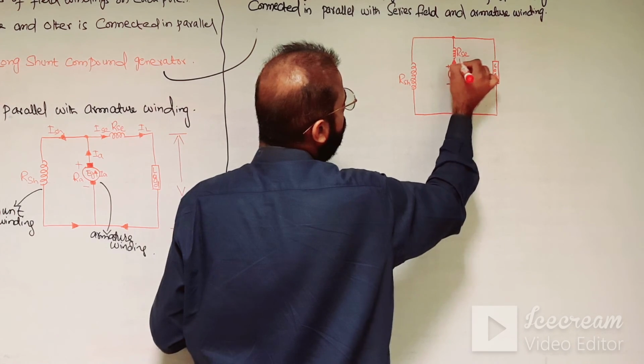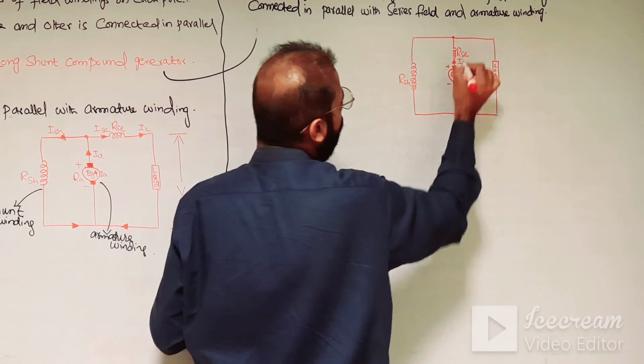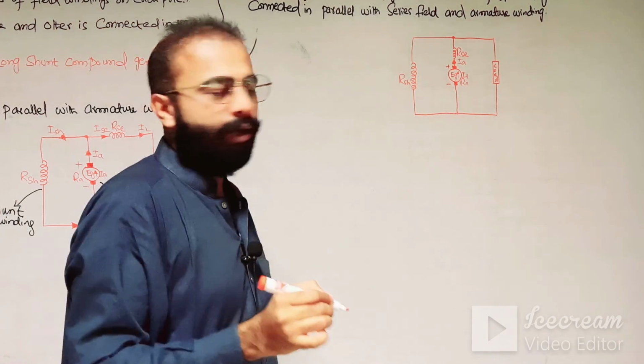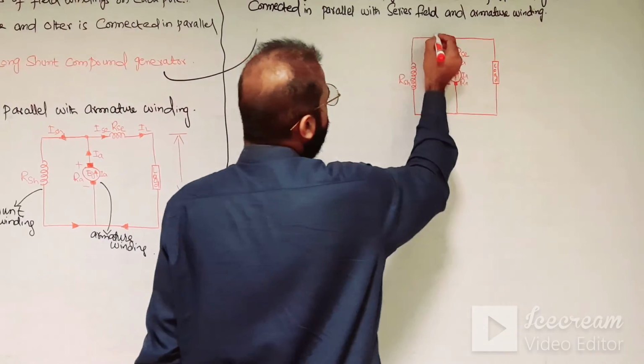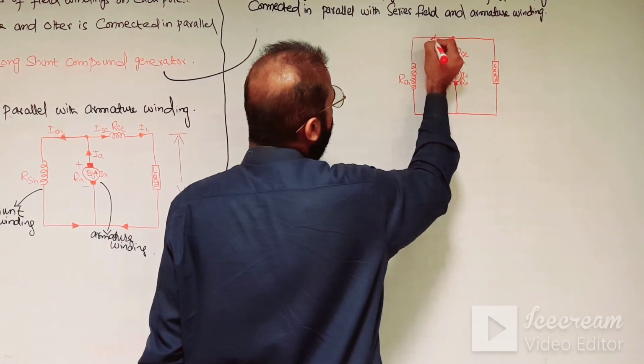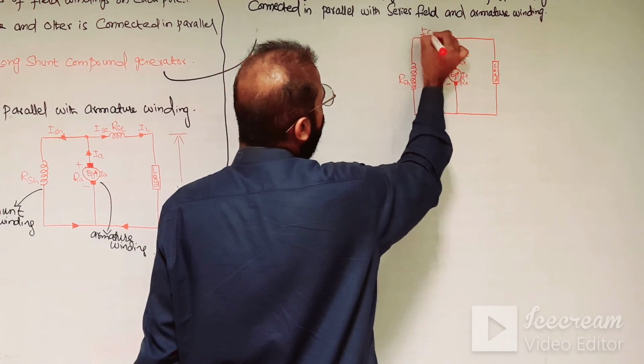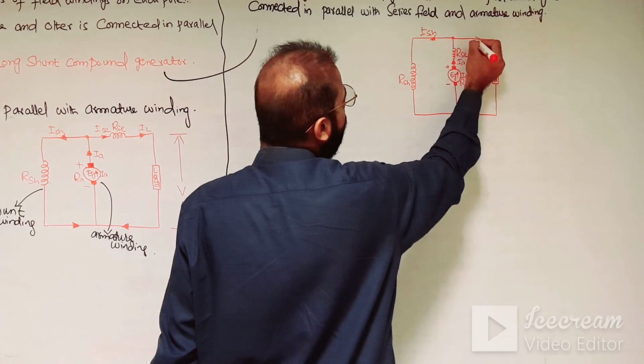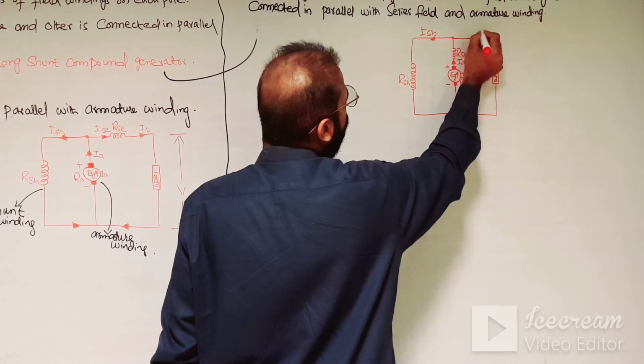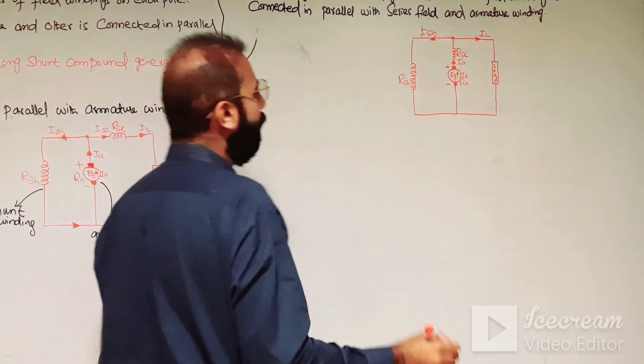This is the armature current which is produced in the armature, and here this current is divided into two parts. This current is towards the shunt field winding, so that is called Ishunt, and this current is towards the load side, so this is called Iload.